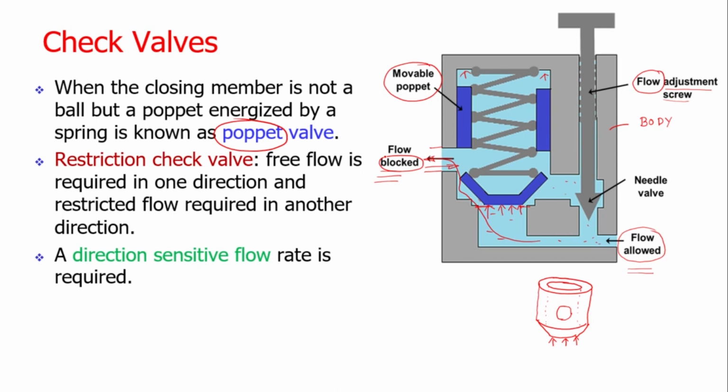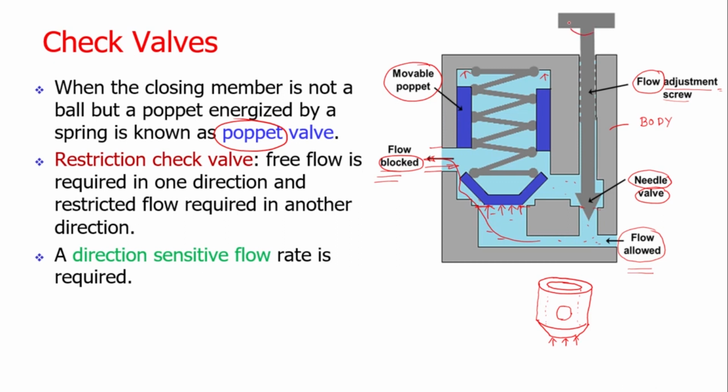But during the application, we can even control the flow rate. So it is not only controlling the direction of the fluid flow, we can even control the flow rate by using a flow adjustment screw. Let us consider that this needle valve, which is seen on your screen, has been tightened by using a screw, and this passage has been closed.